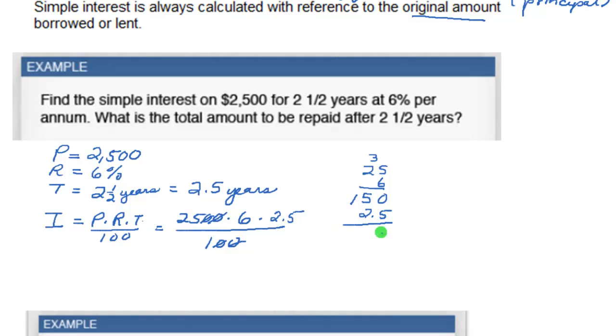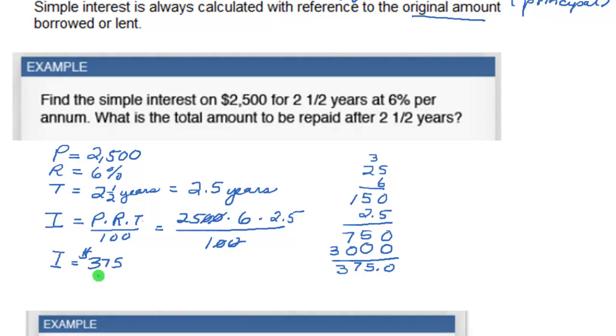Let's do this multiplication. The interest earned was $375.